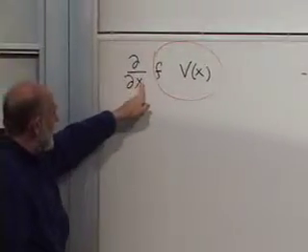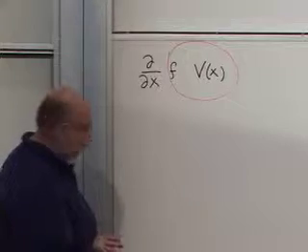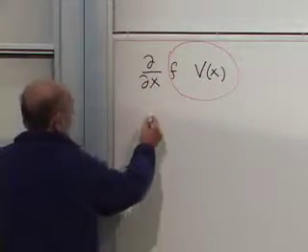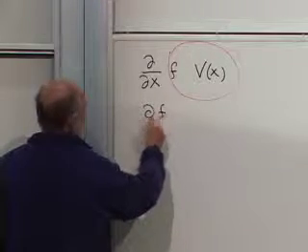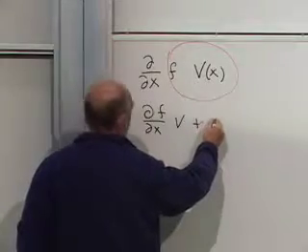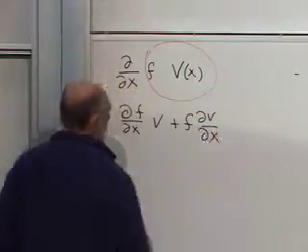What is this, d by dx of f times v of x? For this, we just use the product formula, that the derivative of a product is the derivative of f with respect to x times v plus f times the derivative of v with respect to x.